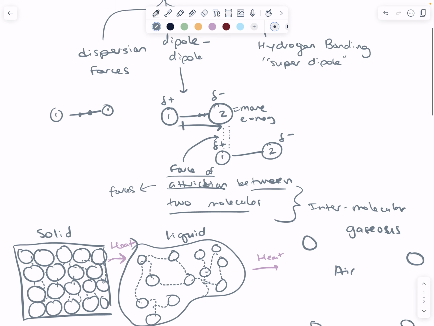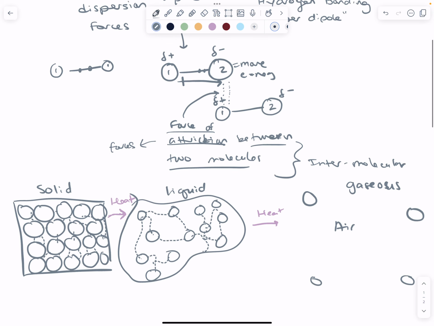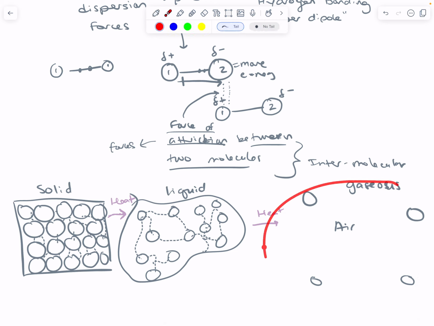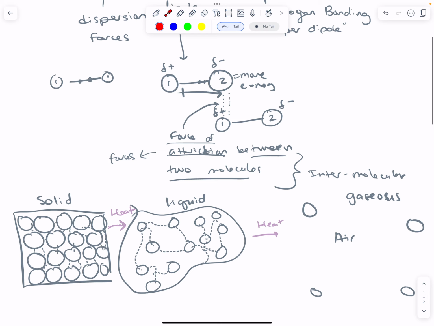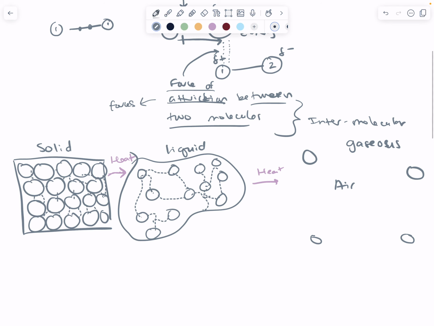And then if we add more heat, there are no intermolecular forces, no dotted lines here at all, because there's no intermolecular forces there. And how easy or hard it is, how much energy you have to put in, depends on how strong the intermolecular forces are. So the amount of energy depends on the intermolecular forces.